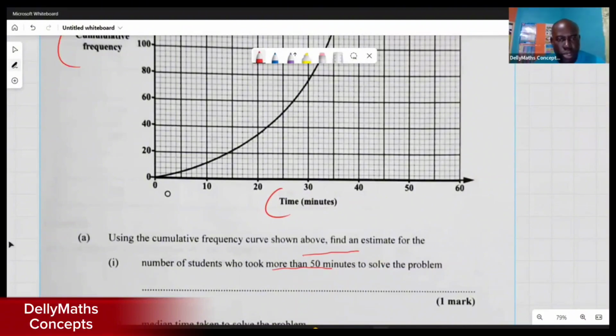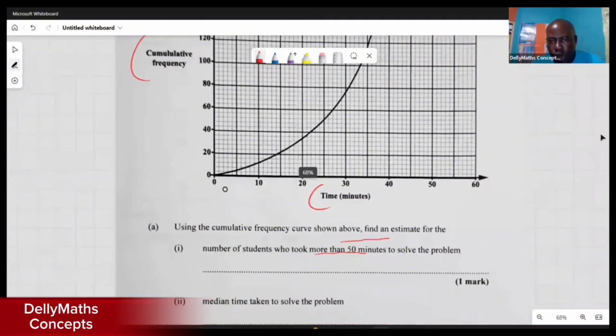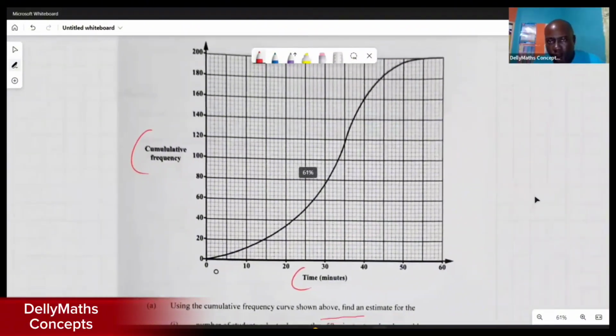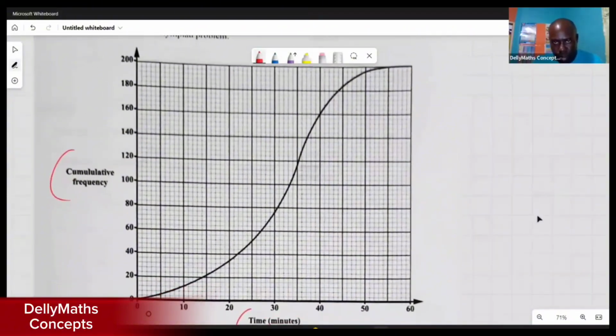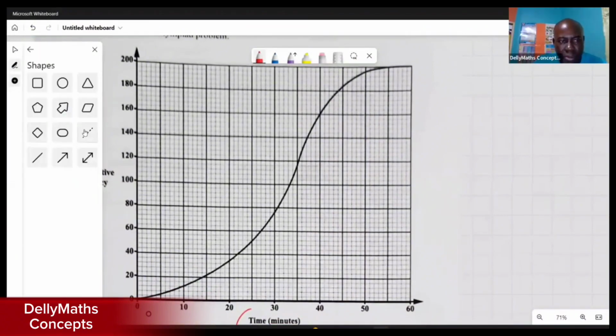All right, here goes. What we're going to do is go where 50 minutes is on our x-axis. We're looking at it right there, and then we're going to carry that line to the curve and interpret the response. So here is the 50. I could highlight it for us. This is 50 down there.